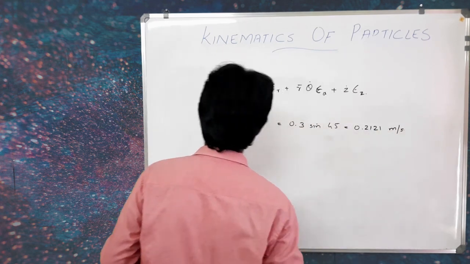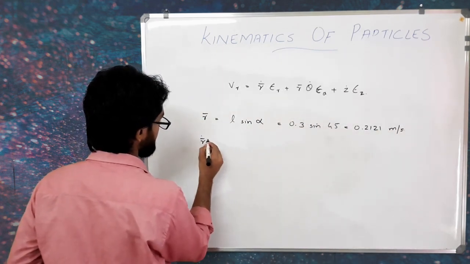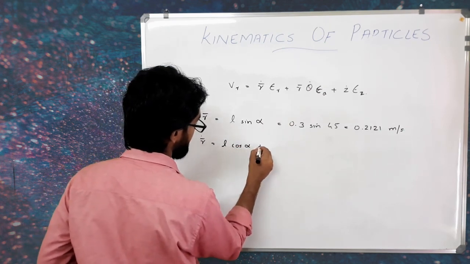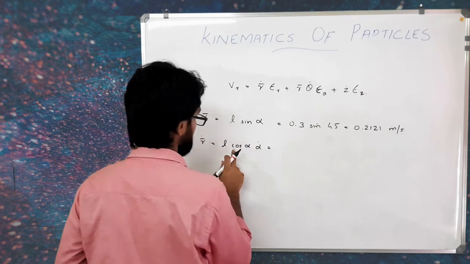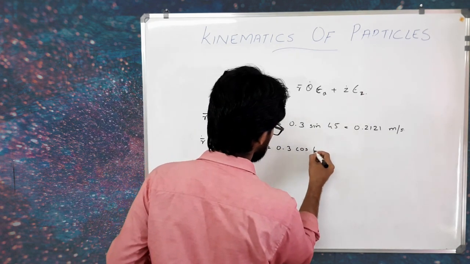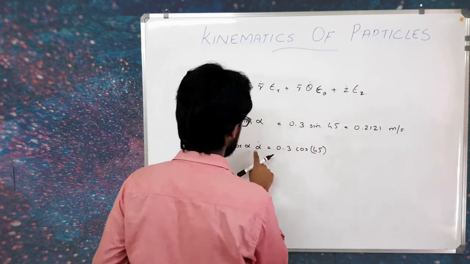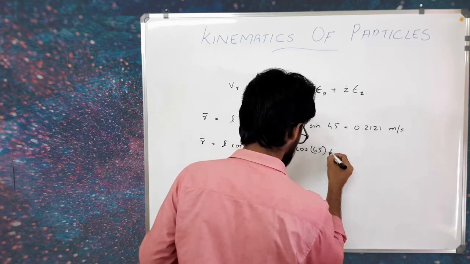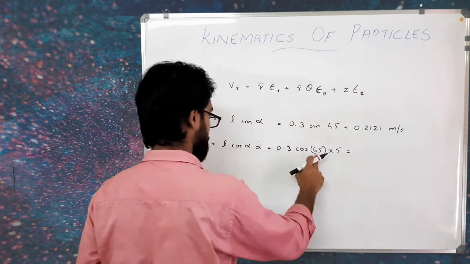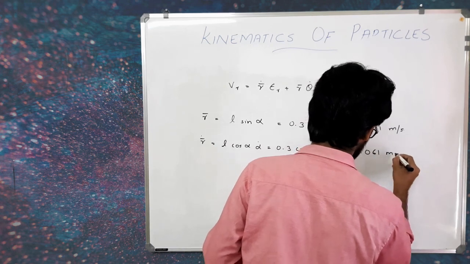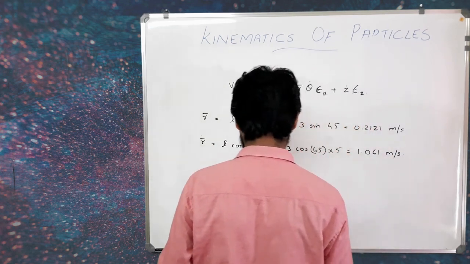Now, r dash dot, if you differentiate this, we get L cos alpha into alpha dot. Substituting the values, 0.3 cos 45 into alpha dot. Alpha dot, the value is 5. So, on solving this, you will get the answer 1.061 meter per second.